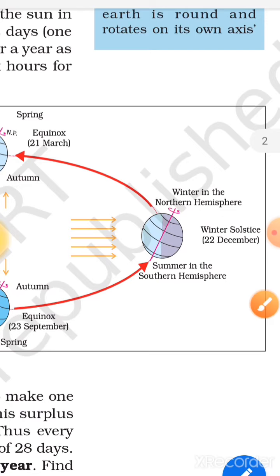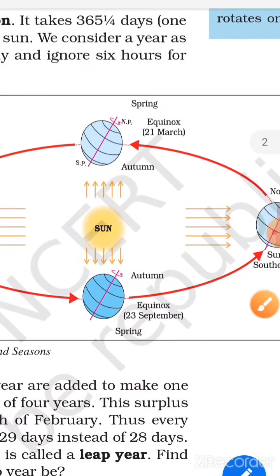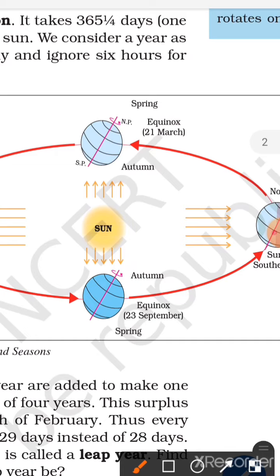Now there are two more dates given here, that is 21st of March and the 23rd of September. At these days what happens is no pole tilts towards the sun. So exactly the sun rays directly fall on the equator. You can see here no pole has tilted towards the sun, and no pole is away from the sun.